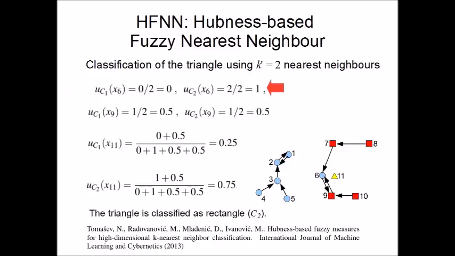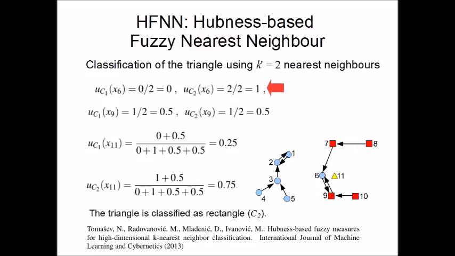Similarly, we estimate the probability that instance 6 appears as the nearest neighbor of an instance from the class of rectangles. As instance number 6 appears twice as the nearest neighbor of some other rectangles, and it appears in total twice as the nearest neighbor of some other instances, therefore this UC2(x6) will be equal to 2 divided by 2, which is equal to 1.